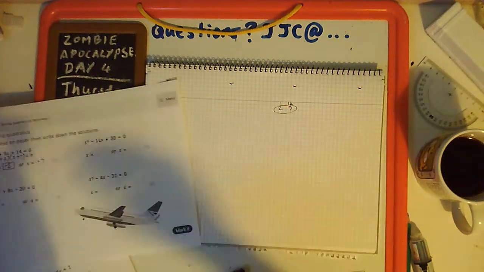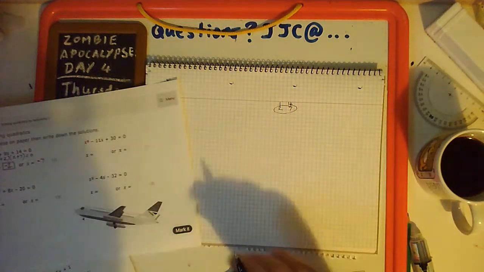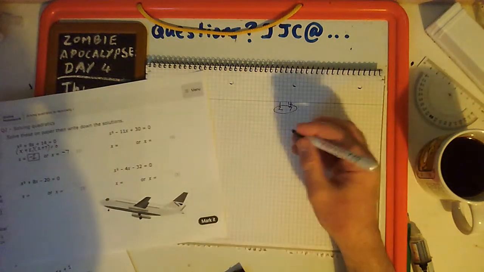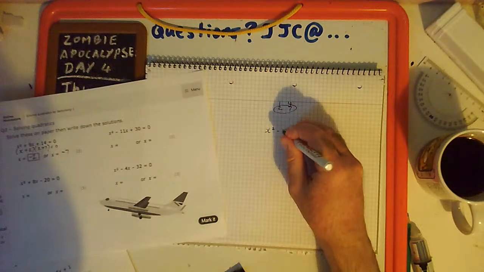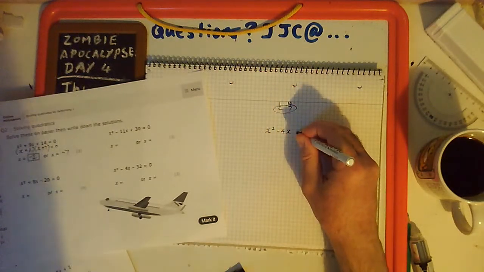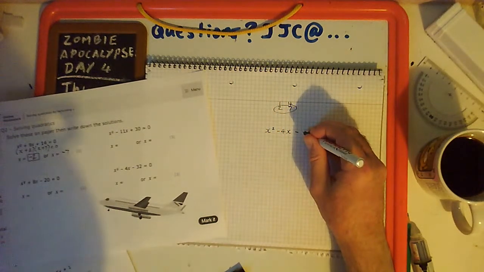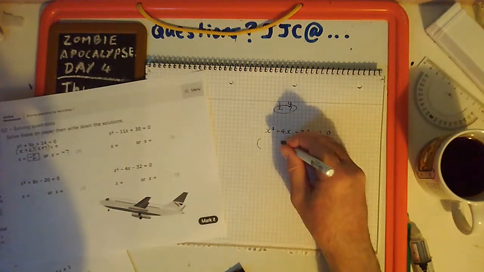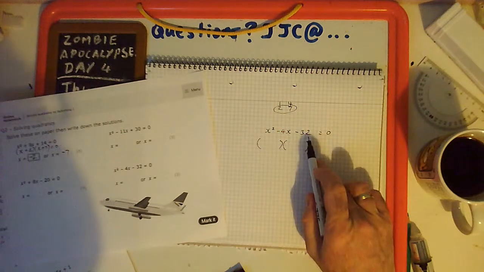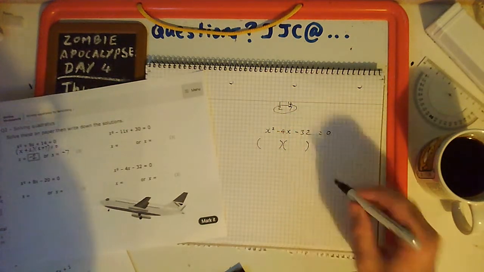Okay, I'm going to do the last one, and then I'm going to look at solving these in a different way using the formula. So the last one says x squared minus 4x minus 32 equals 0. So I'm going to try and factorize that. I'm looking for factors of minus 32.